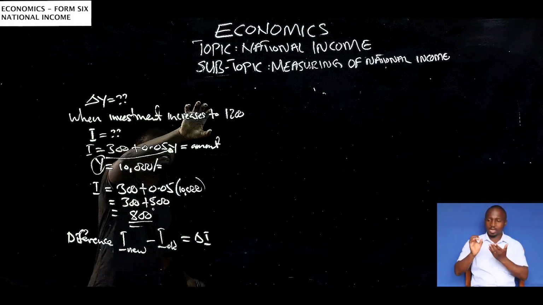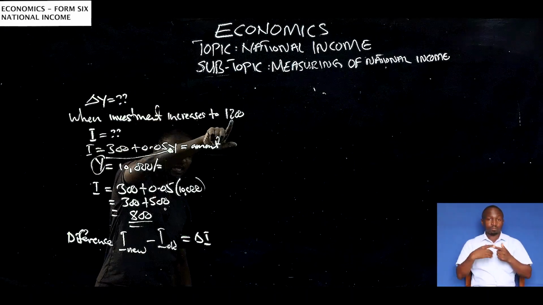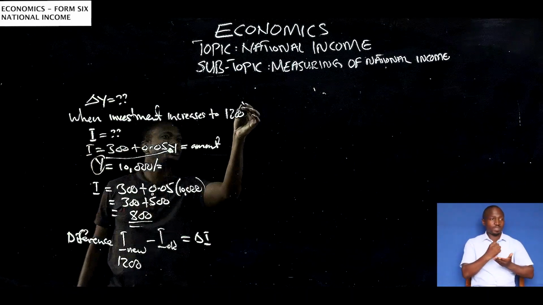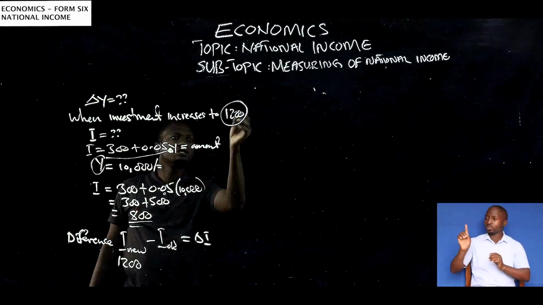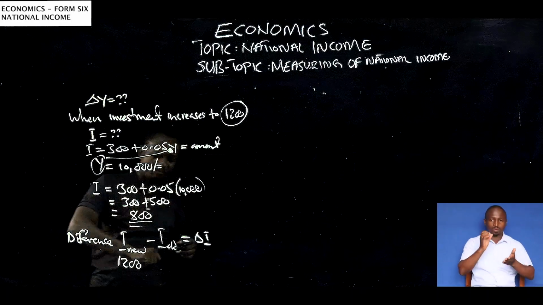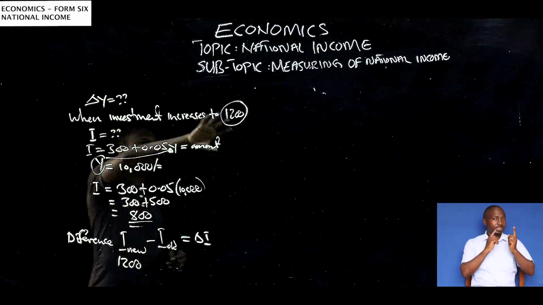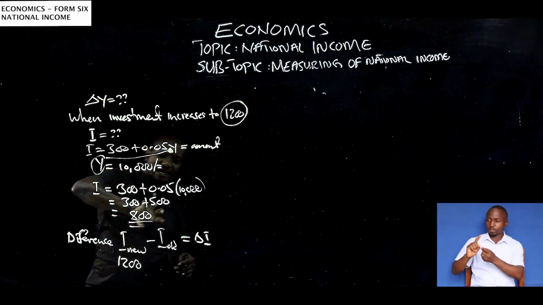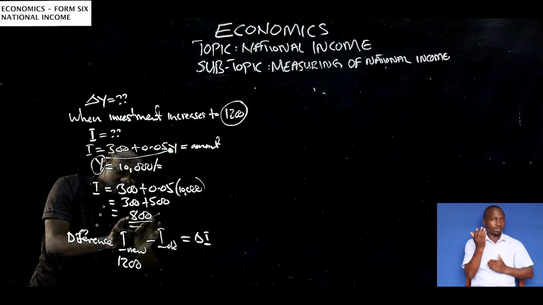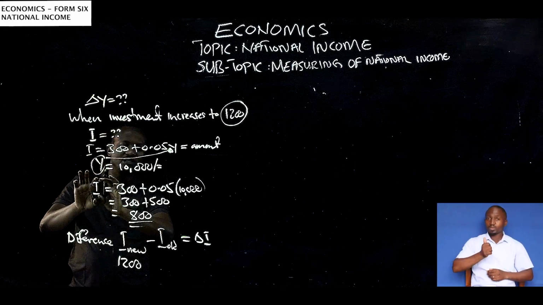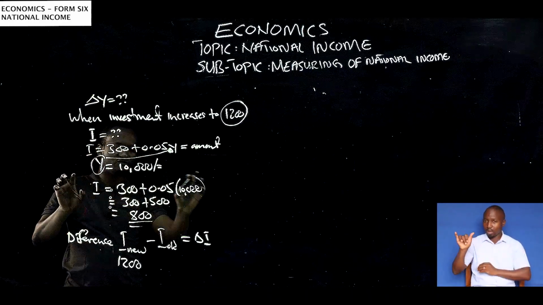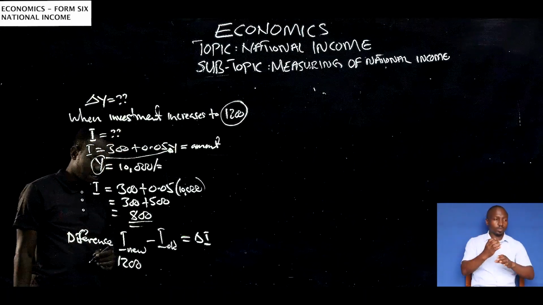Now investment has increased up to this amount. So the new investment is this amount. This is not a change in investment. This is the new amount of investment. So the change in investment will be obtained by taking this new investment minus this old investment. This old investment you have to find yourself by taking the investment function and substituting y in the investment function to get this 800.